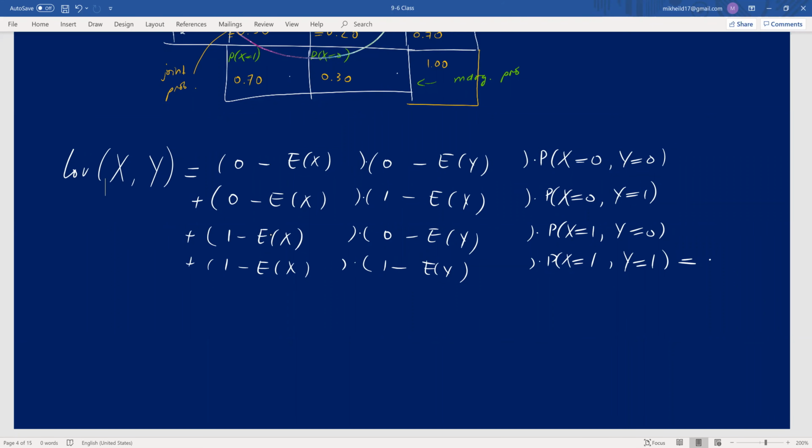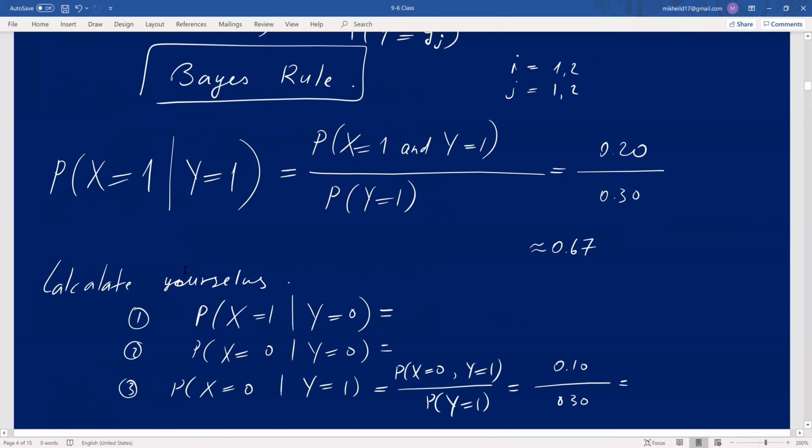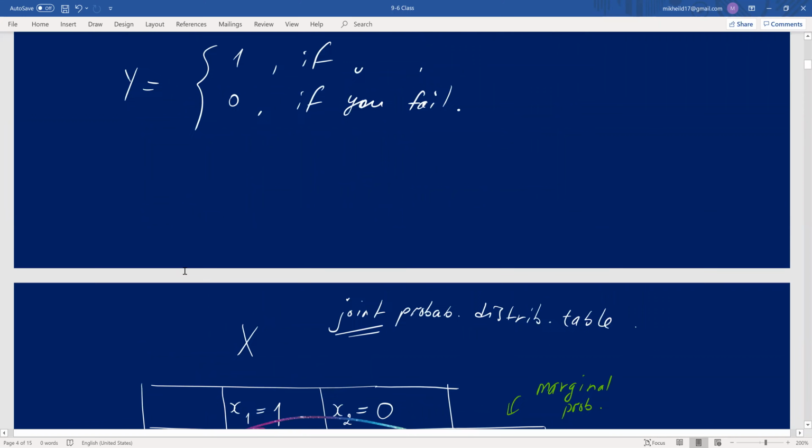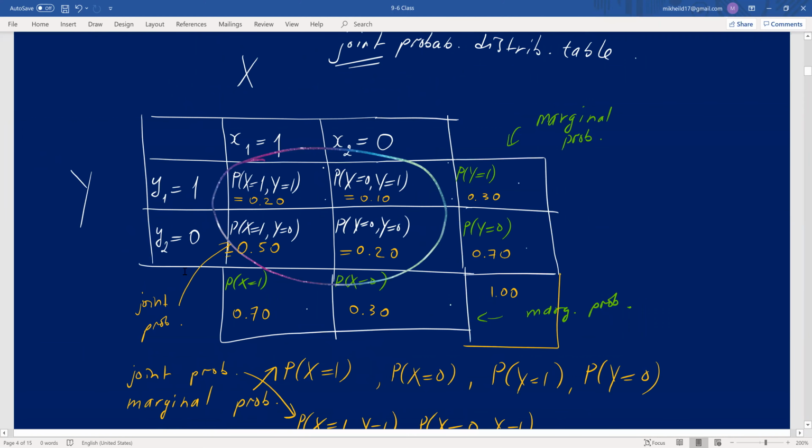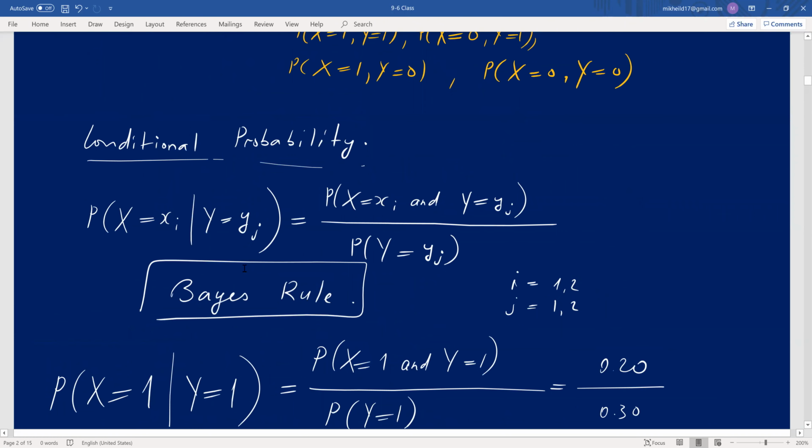So now, do I know expectation of x? Do I know expectation of y? Yes, because we calculated that before. Are you guys with me? We calculated the expectation of x. And also, we did not calculate, but there is the expectation of y as well. So what will be expectation of y here?